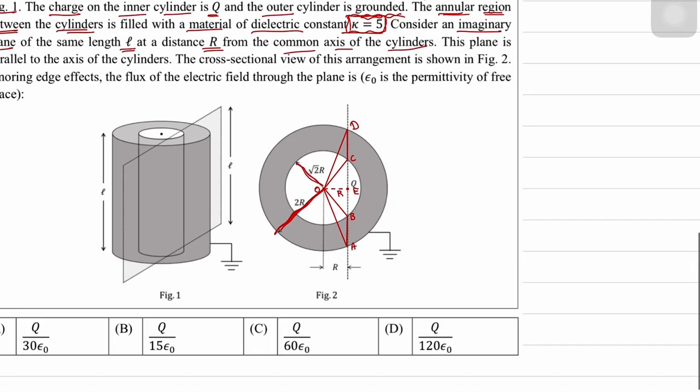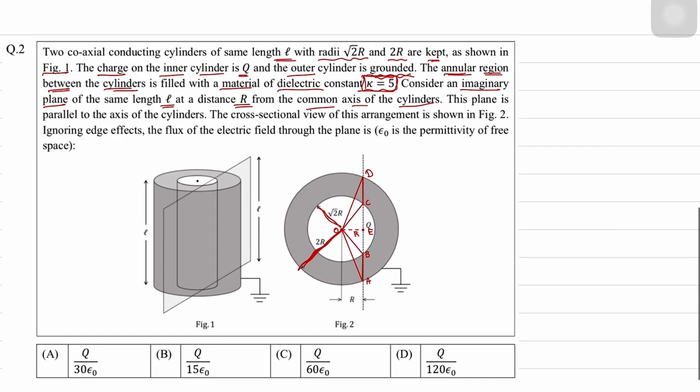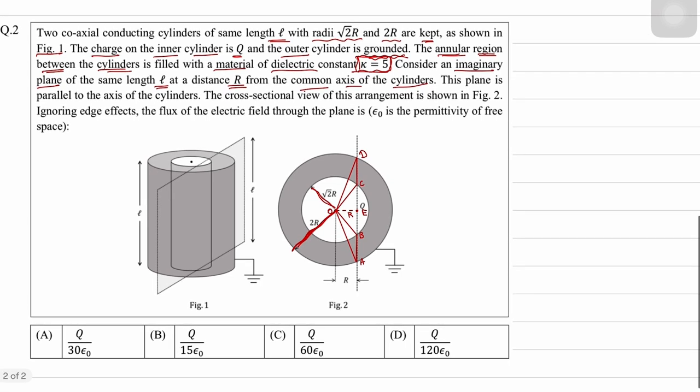We can see in this diagram that this imaginary plane, from point A, B, C, D, the dashed line, is an imaginary plane in the cross-sectional image of the given question, and that plane is at distance r from the center. This plane is parallel to the axis of the cylinders. The cross-sectional view of this arrangement is shown in figure 2.